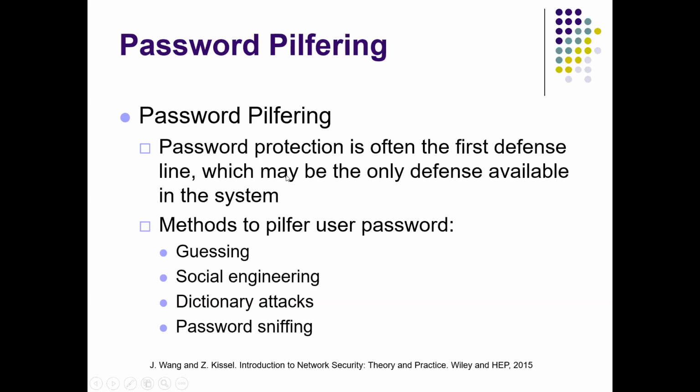Password protection is often the first line of defense, which may be the only defense available in some systems. Nowadays, you have other mechanisms to authenticate users. On your cell phone, you could have a retina scan, fingerprint scan, facial recognition, that kind of thing.